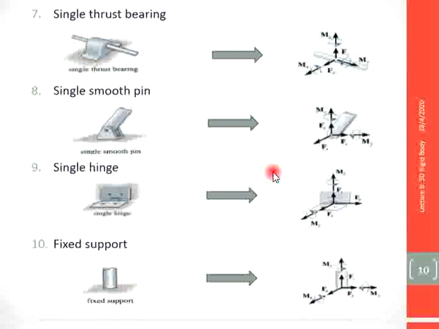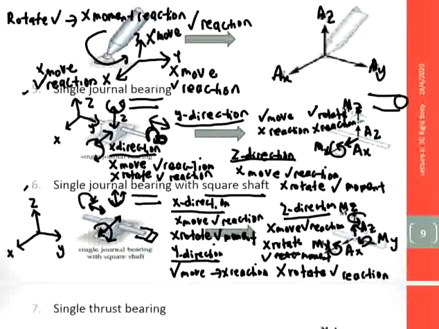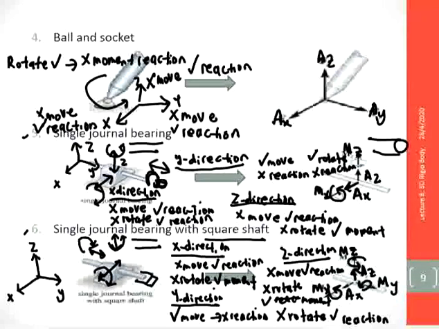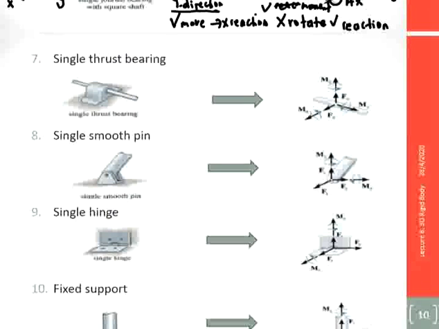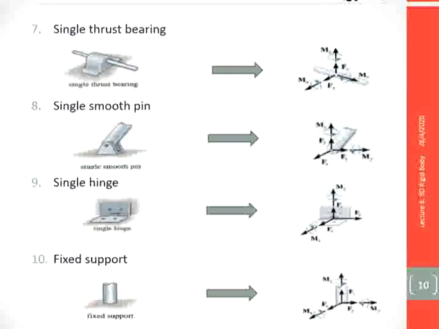Okay, we proceed with another one. Previously there was a single journal bearing, and now we proceed with the single thrust bearing. So the single thrust bearing is fixed. This means it's similar to fixed because it cannot move.